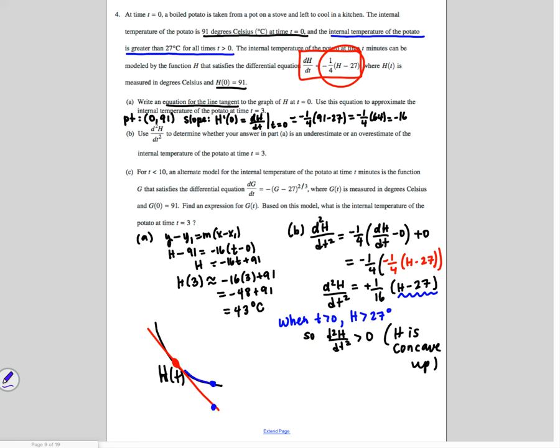This would be the actual value along the curve, and this is the tangent line approximation. So we're going to be below. Therefore, our approximation of 43 degrees Celsius is an underestimate.